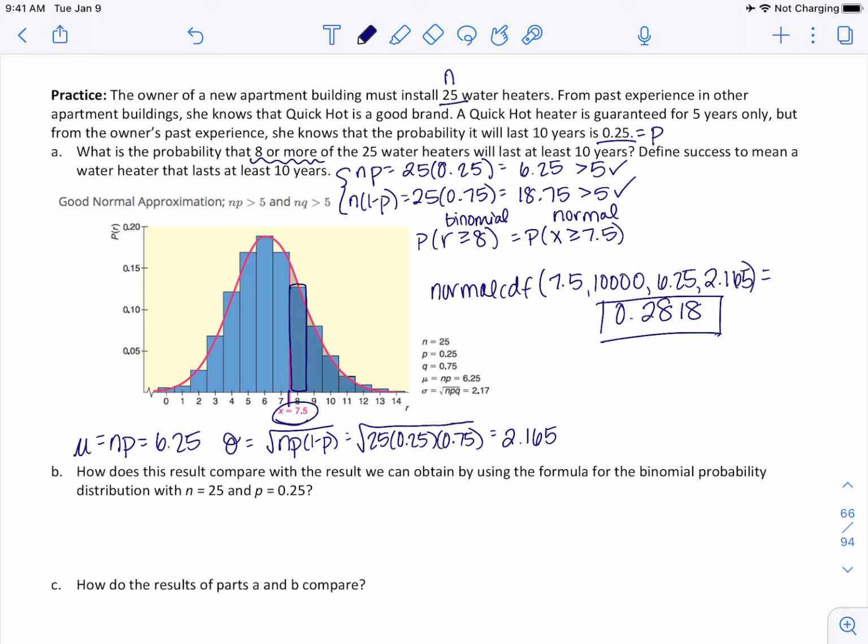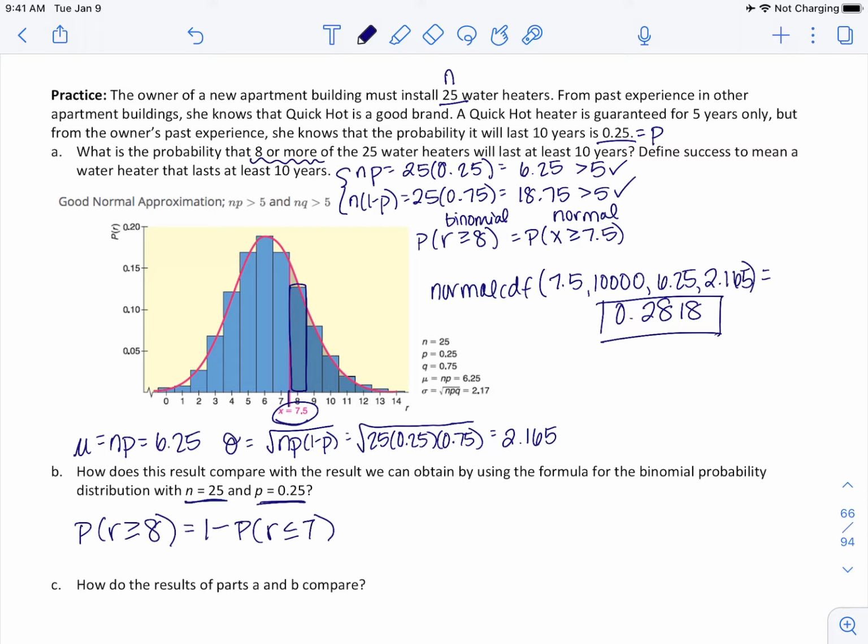Part B says, how does this result compare with the result we can obtain by using the formula for the binomial probability distribution with n equals 25 and p equals 0.25? Now, remember, we're doing the probability that r is greater than or equal to 8. If you recall, when using the binomial distribution, we have to do this as 1 minus the probability that r is less than or equal to 7, because the binomial calculation only does your value and below for cumulative.